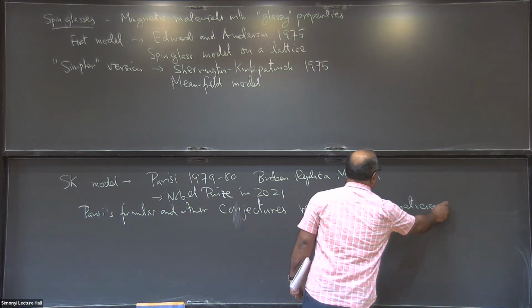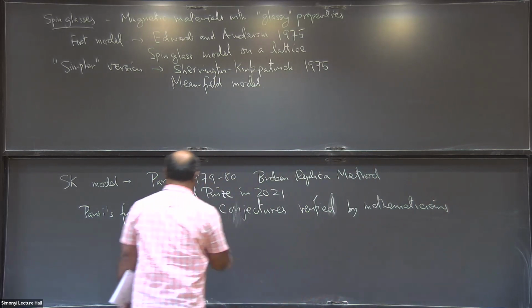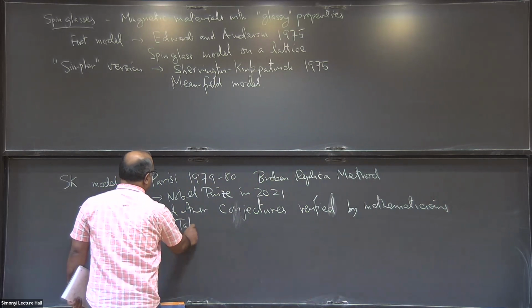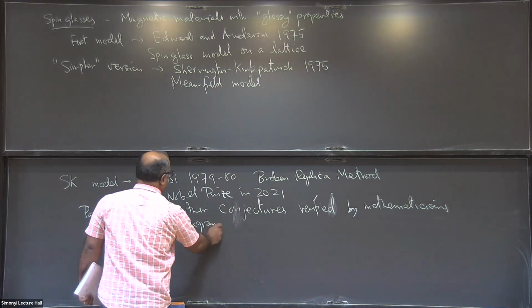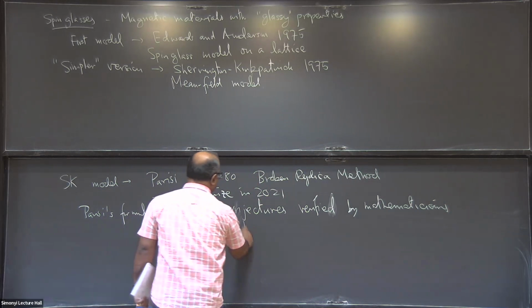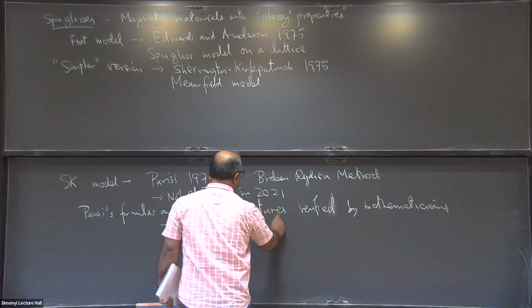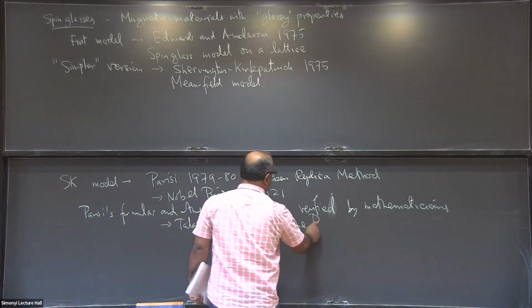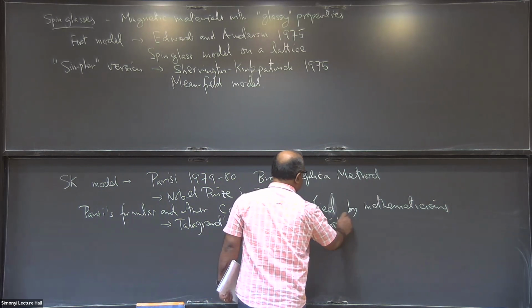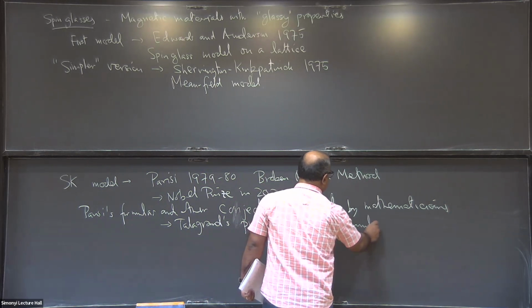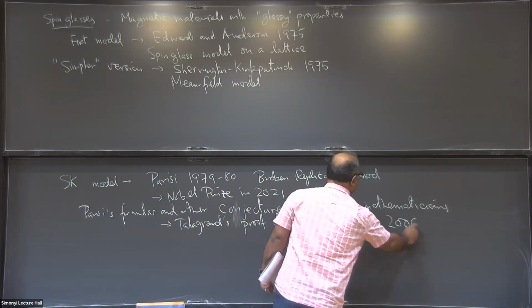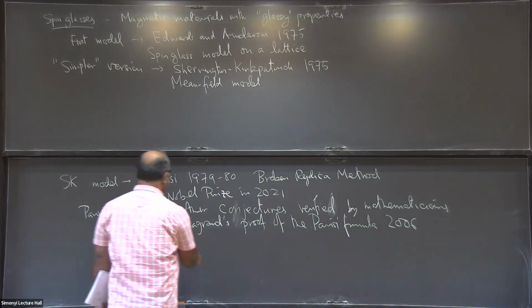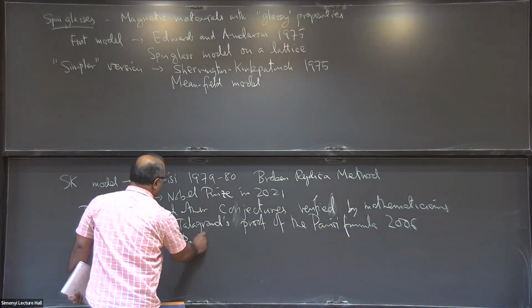So there's this famous proof of the Parisi formula, in 2006, and Panchenko's proof of ultrametricity.